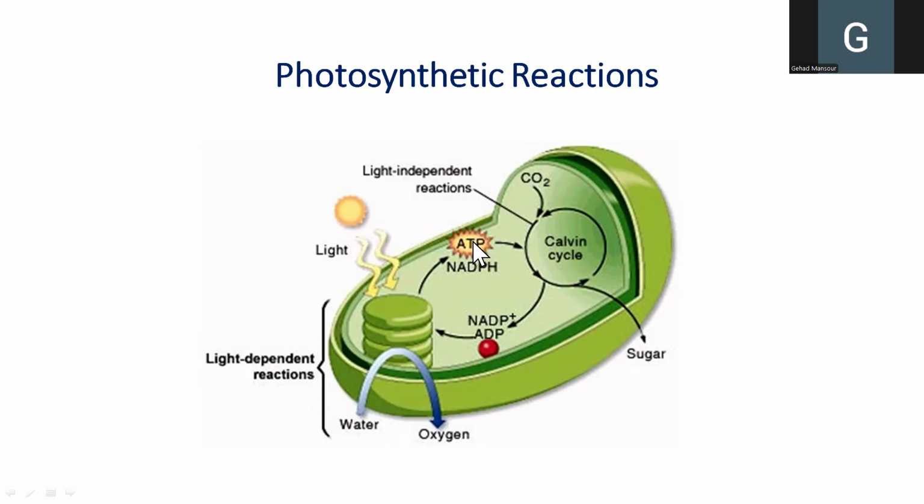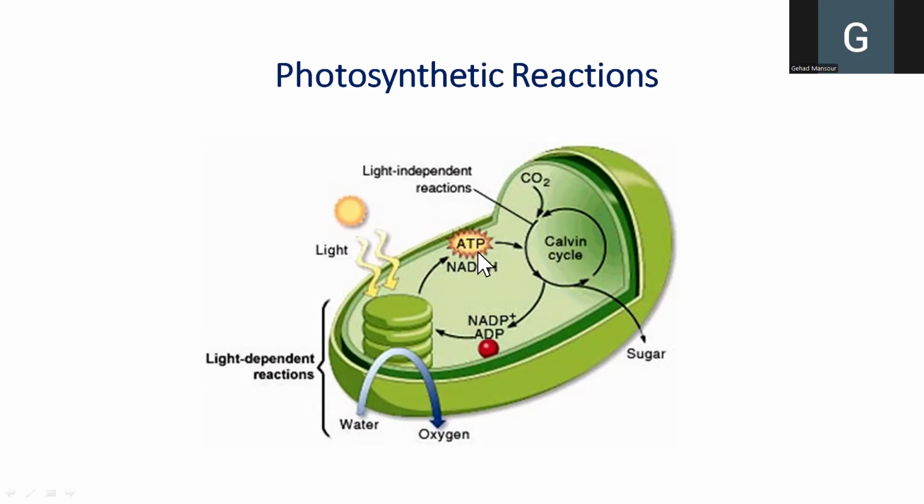The two important products are ATP and NADPH. NADP is the electron carrier, and this is one important difference between photosynthesis and cellular respiration, that here the carrier is NADP, that carries an additional phosphate group, not only NAD, and this is the reduced form.